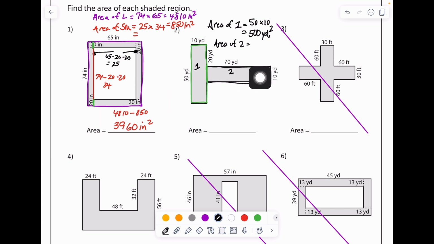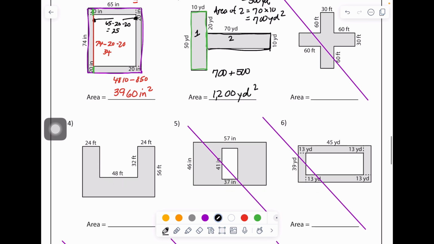From corner to corner it's 70, and then up and down over here it's 10. So 70 times 10, 700 square yards. So the total this time, instead of subtracting as we did on 1, we're going to add. So 700 plus 500, 1,200 square yards.